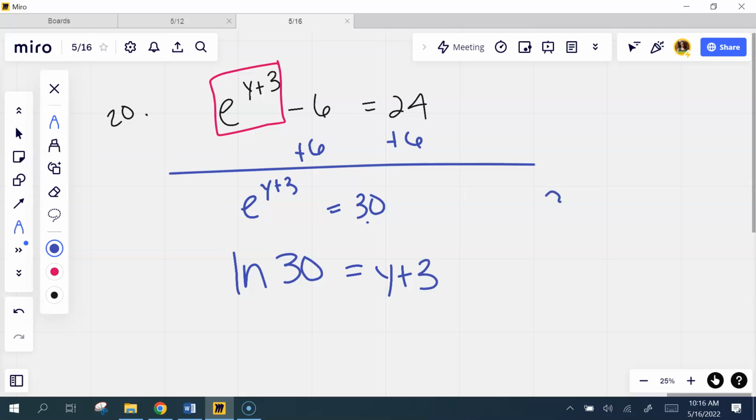So I'm still changing between those two forms. ln 30 is a calculator problem. What do you get?